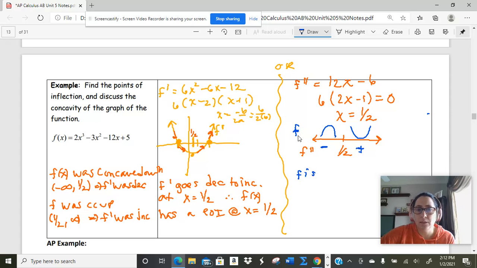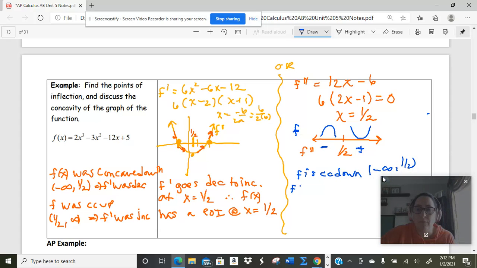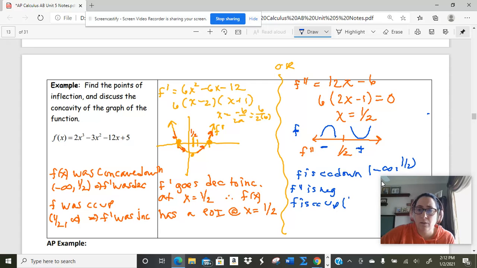So f is concave down from negative infinity to 1/2 because f double prime is negative there. And f is concave up from 1/2 to infinity because f double prime is positive there.